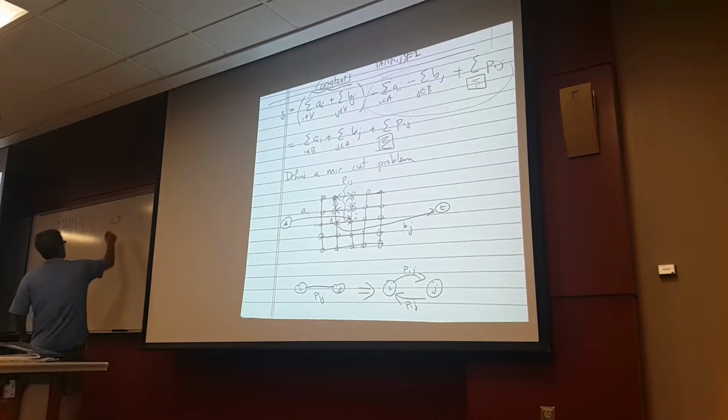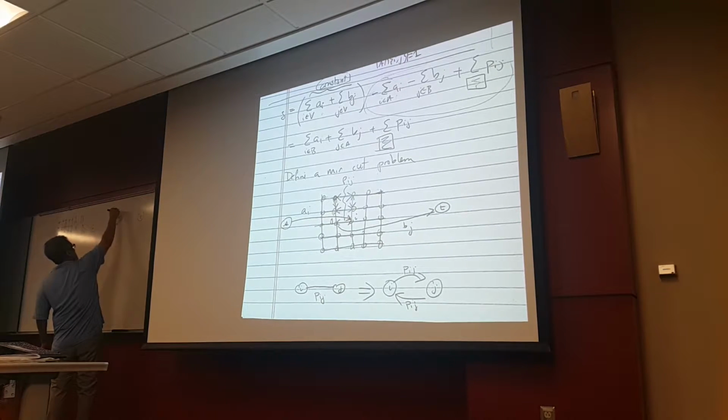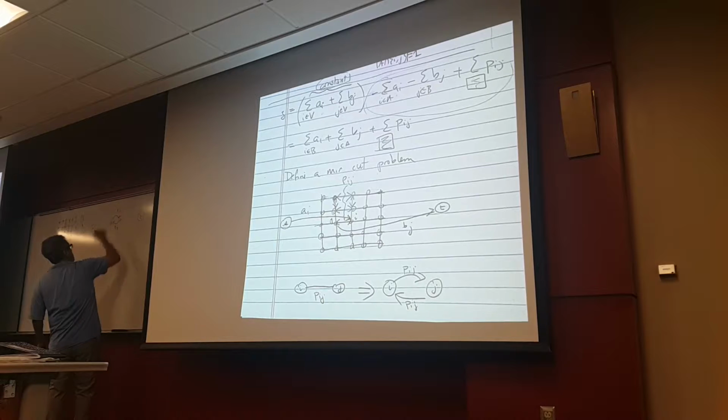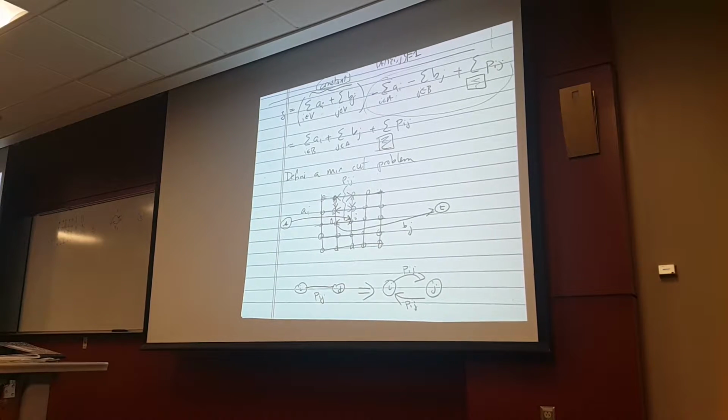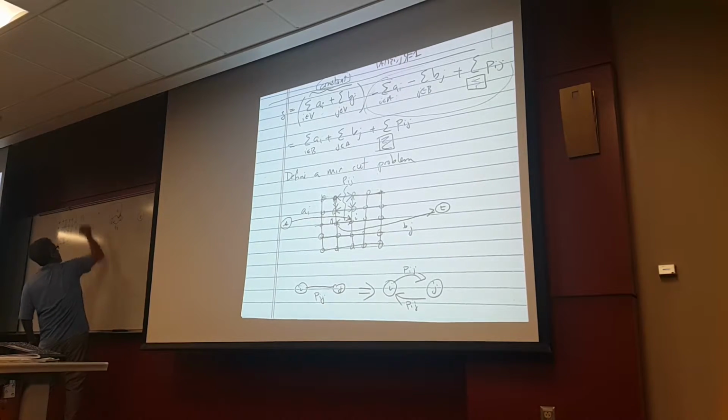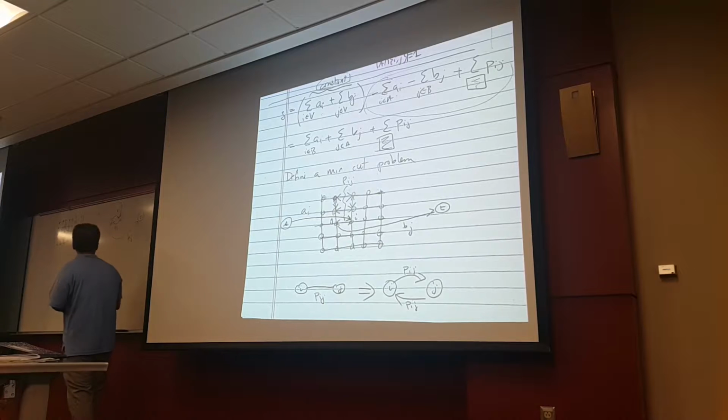So I have two edges that have cost Pij or Pji, and I've got an A value, let's call this Ai, and let's call it Pj.